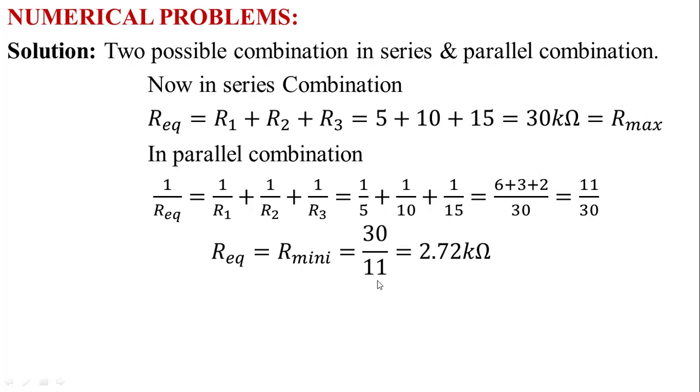So in series combination, the maximum resistance R maximum is equal to 30 kilo ohm, and in parallel combination, the resistance is minimum, equal to 2.72 kilo ohm. Now we will move to question number 6.